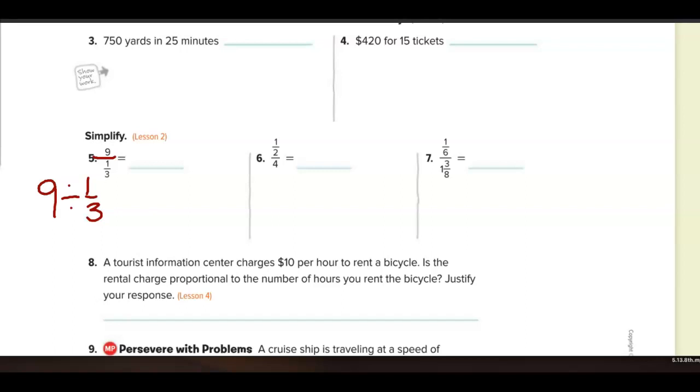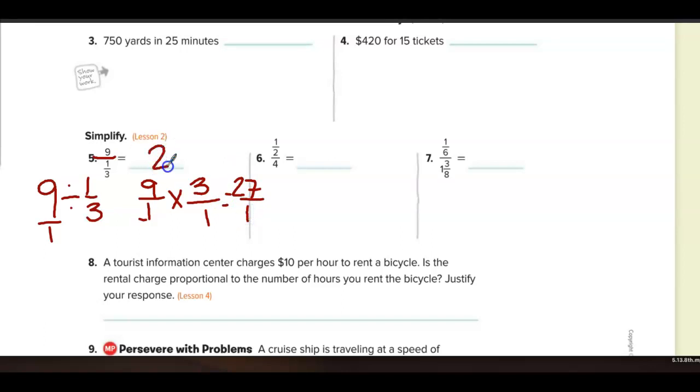I put the 9 over 1. And then what? So what's the same? Keep change flip. So I keep 9 over 1. I change division to multiplication, and I flip this, and then I just do what? Multiply. 9 times 3 is 27, and 1 times 1 is? 1.